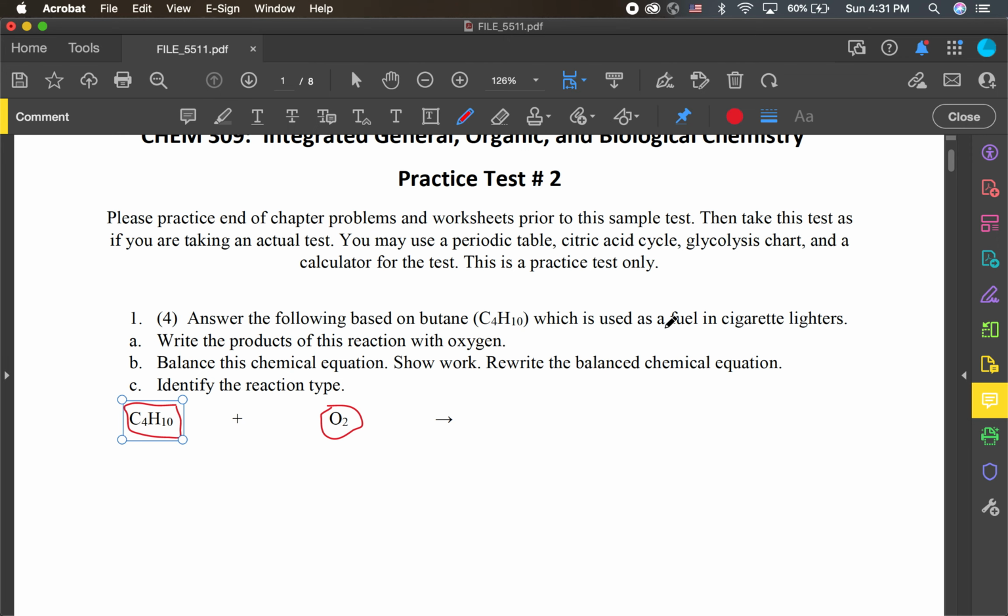The five answer choices that you have for reaction type start with combustion, which is where you're combining a hydrocarbon, which this is because you have hydrogen and carbon, with oxygen, and you're producing chemicals that are pretty much always going to be CO2 and water, plus heat.